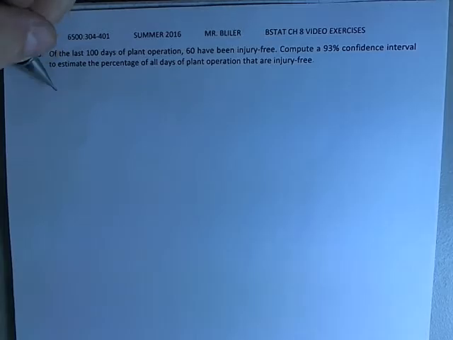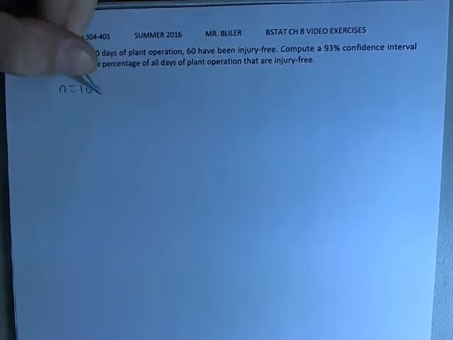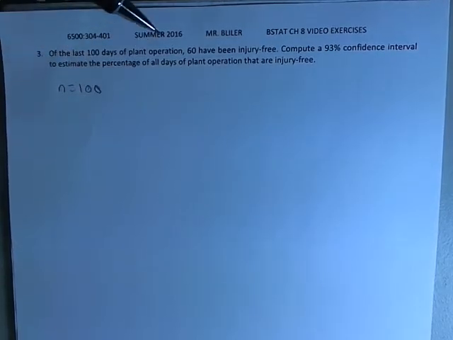So 100 days, our sample size is 100, and if this were a sample mean problem, the thing being measured would be a continuous value, a measurement of something. But in this case, we're looking at each trial having exactly two outcomes, which we'll think of as a success or failure.